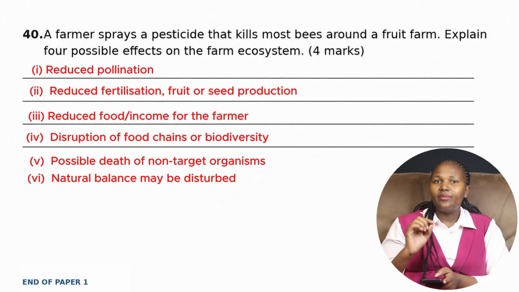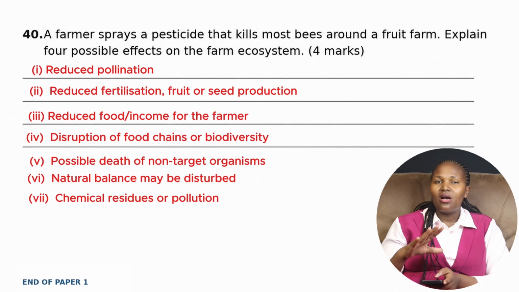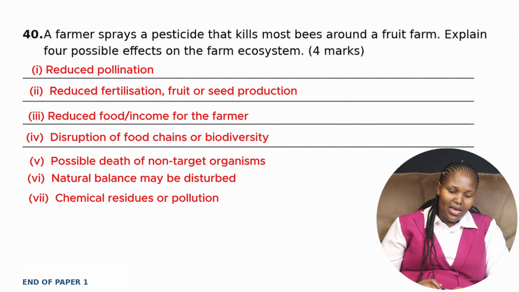Another thing is that chemical residues or pollution is possible, because once that chemical is sprayed, there may be residues. Yes, the bees will die, but the chemical residues are going to be there, and there is also going to be air pollution and soil pollution as a result of that spraying. So that is why alternative methods are always the best to practice responsible farming.